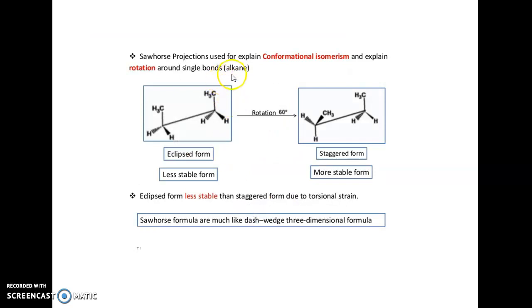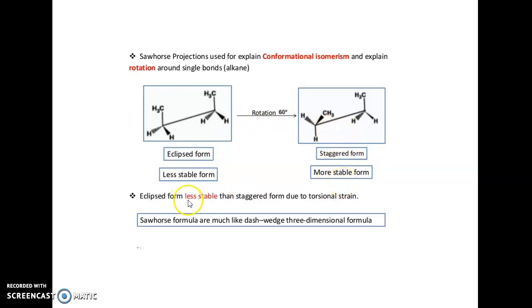Sawhorse projections are used to explain conformational isomers and the rotation around single bonds. So this is the eclipsed form of butane, and it is less stable. When it is rotated by 60 degrees, it gets converted into the staggered form, which is more stable.